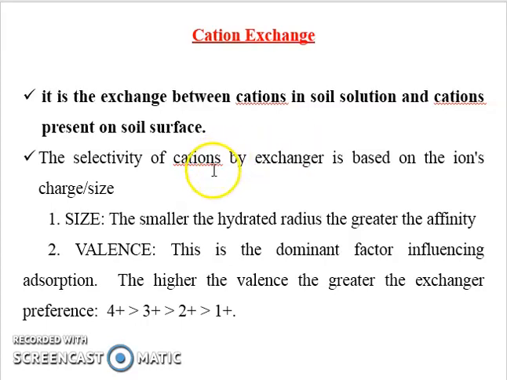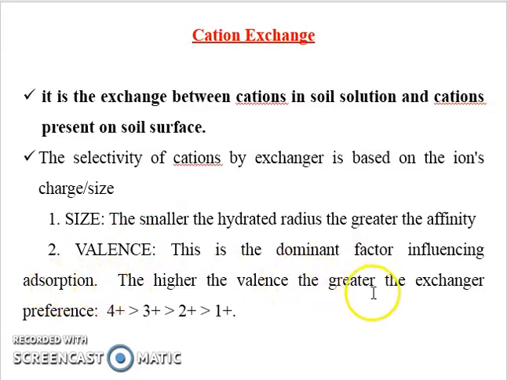The selectivity of cations by the exchanger is based on the ion's charge and size. The smaller the hydrated radius, the greater the affinity, as I told you in the previous lecture. Valence is the dominant factor influencing adsorption or cation exchange.